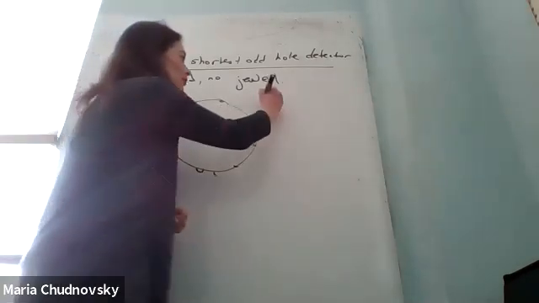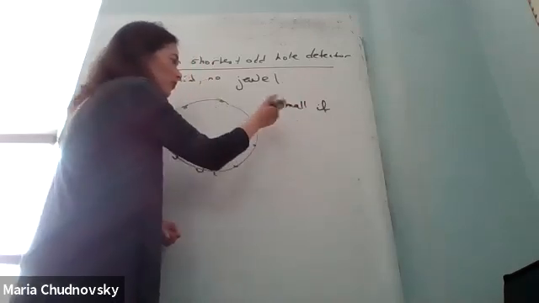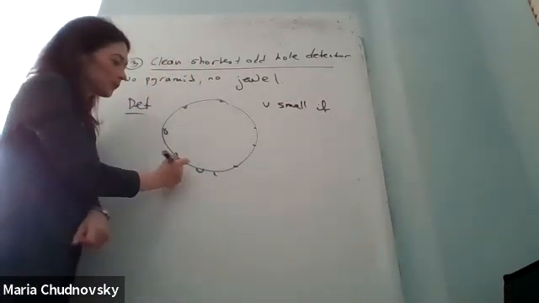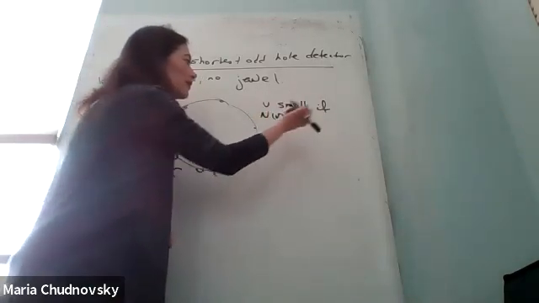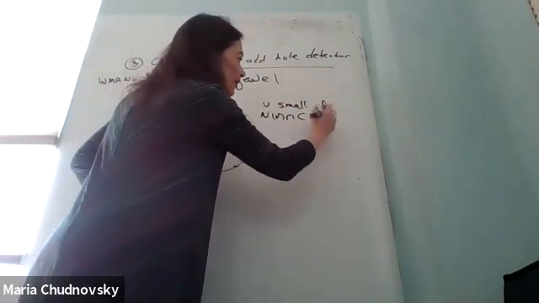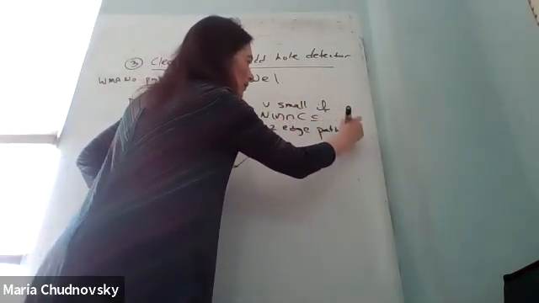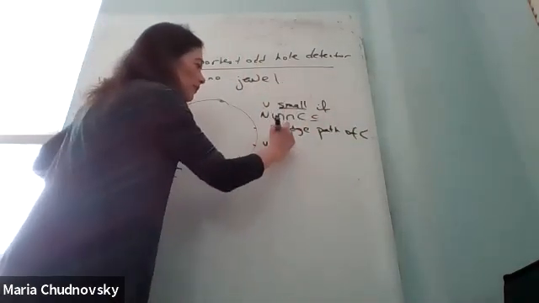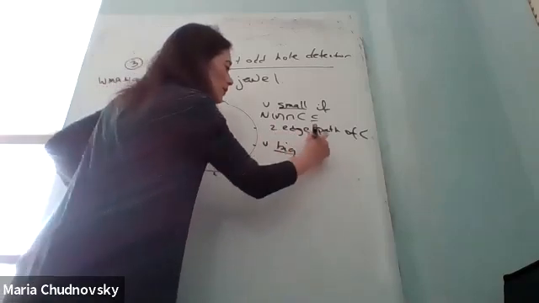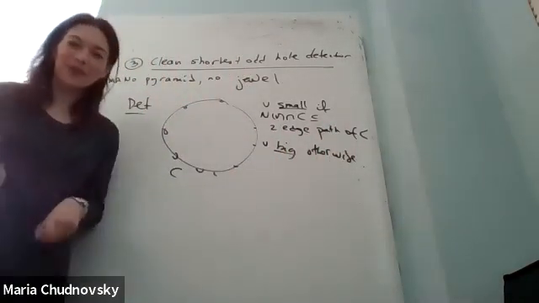We say V is small with respect to its hole C if the neighborhood of V in C is contained in a two-edge path of C. Otherwise V is big. So it's clear that every vertex is either big or small.